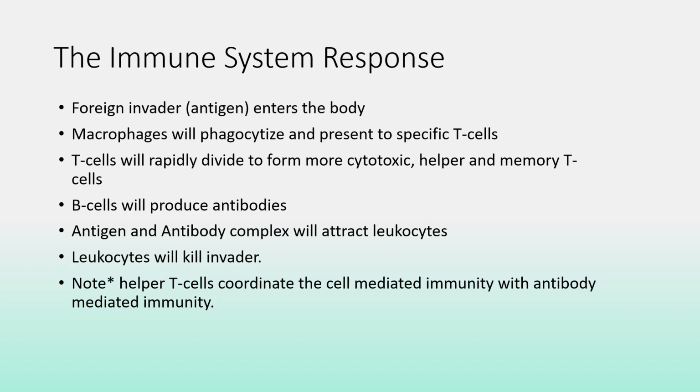These T cells will then rapidly divide to form more cytotoxic, helper, and memory T cells. Again, the helper T cells will coordinate the immune system response, and the B cells will produce antibodies. The antigen and antibody complex will attract leukocytes, and the leukocytes will kill the invader. Note that helper T cells coordinate the cell-mediated immunity with antibody-mediated immunity as well.